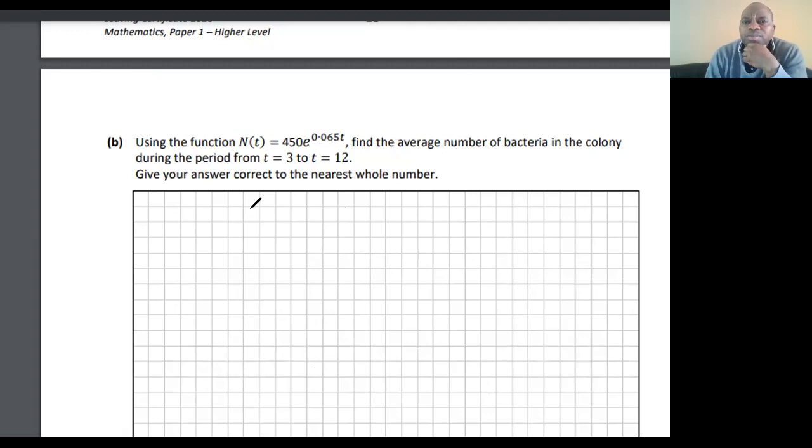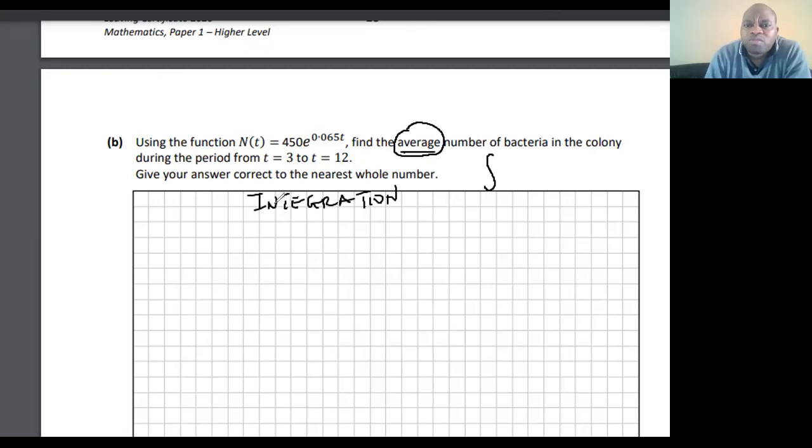Now, when you see average number, it is integration. If you don't know what you want to do, you are in trouble, and that is what you don't want to happen to you. When you see the word average, it is integration that they are talking about.